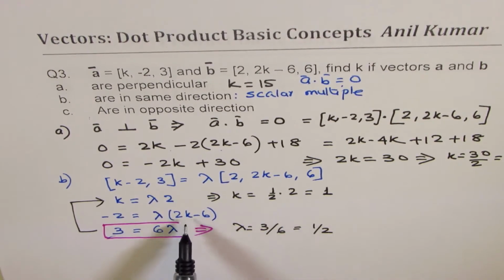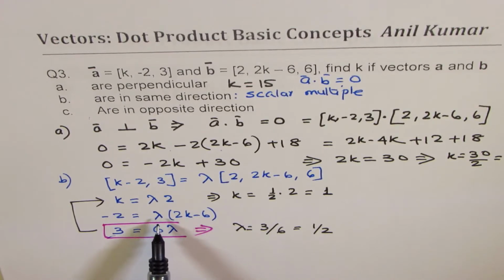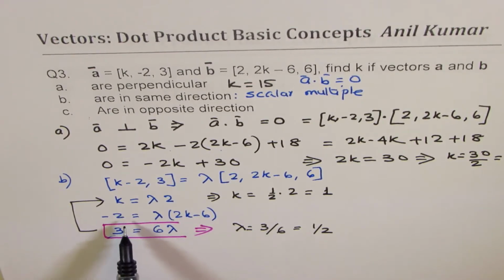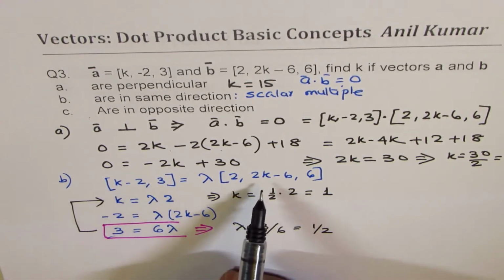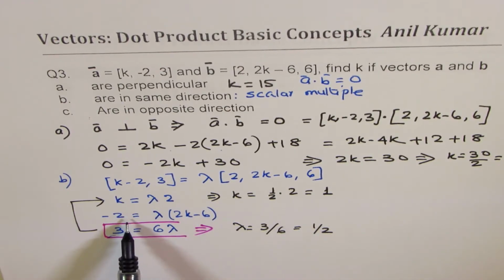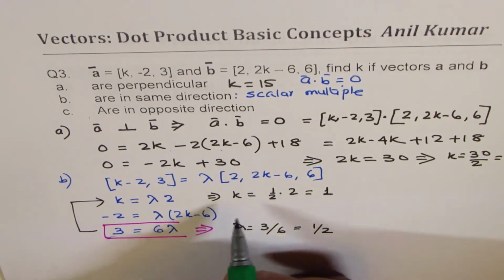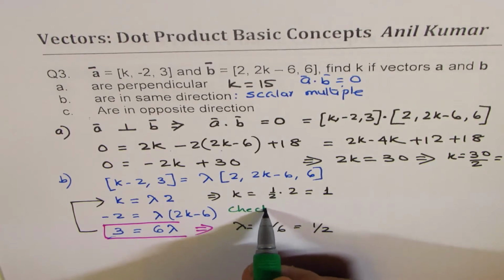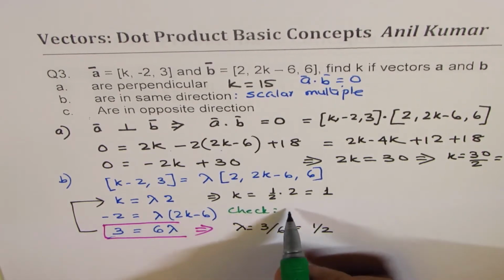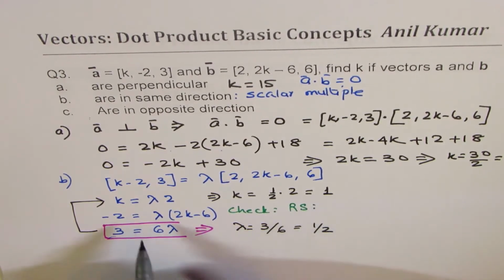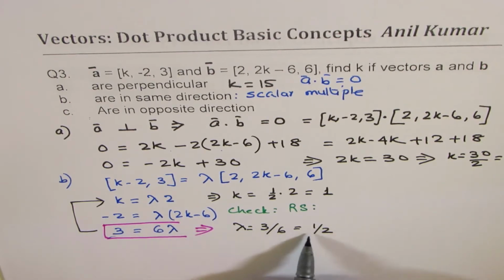Now if I substitute k equals 1 and lambda is half, I should be in a position to satisfy the second equation, correct? If I am able to satisfy that equation, then the value is correct, right? So let's check. So that is the idea. To check, we'll start with the right side, which is lambda times, so lambda is half, right?